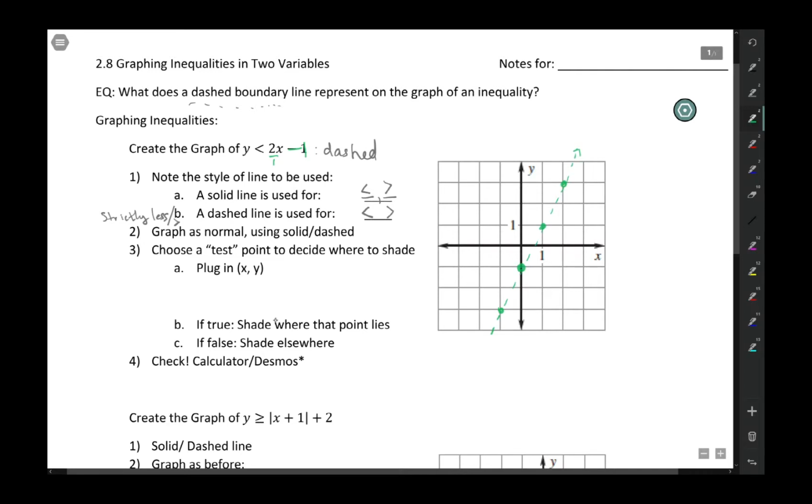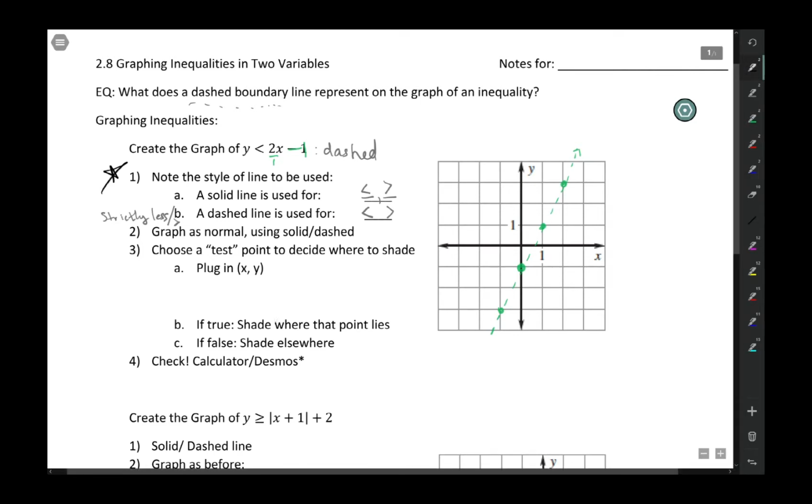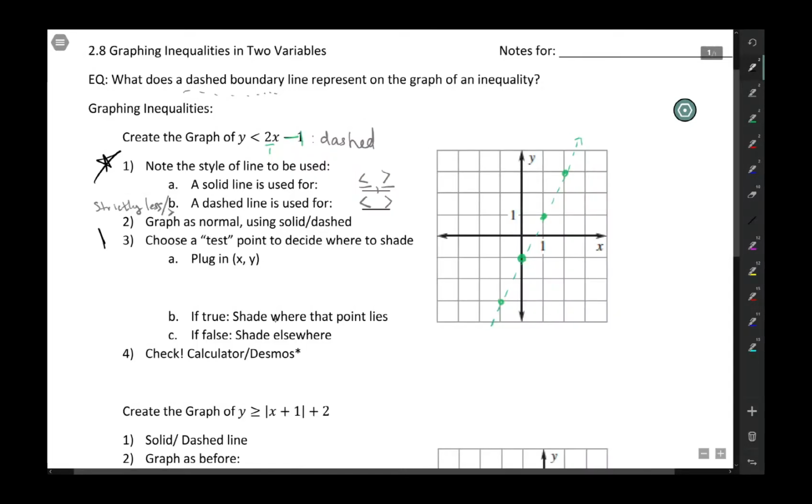But a dashed line or solid line is not all we need to do. We also need to shade. Okay, we need to decide where to shade. There's a few methods on how to do this. The easiest one I like to call the test point method. It means that you choose a test point to decide where to shade.